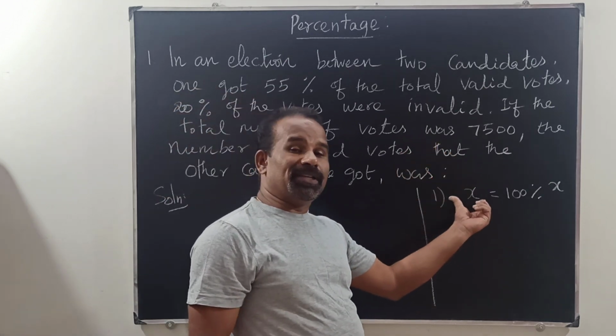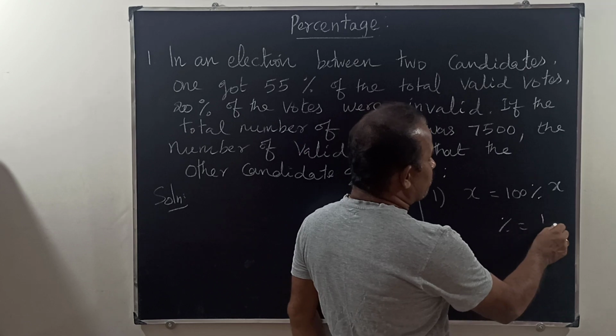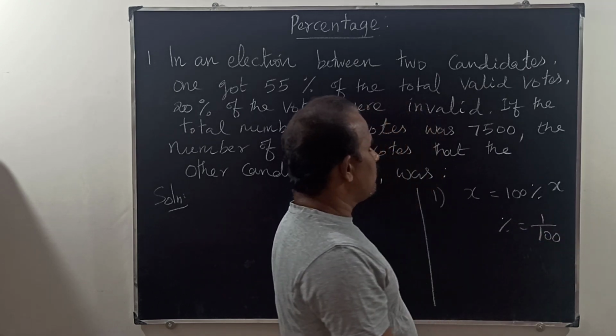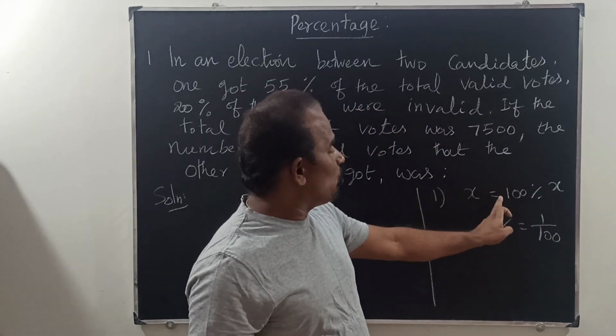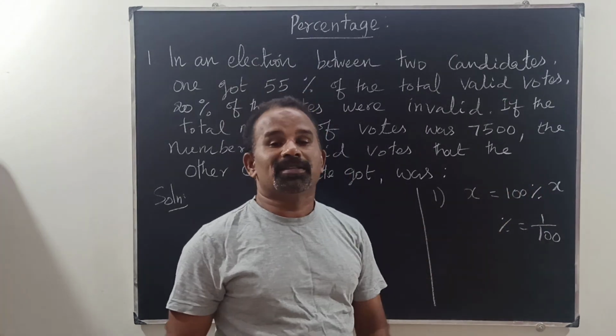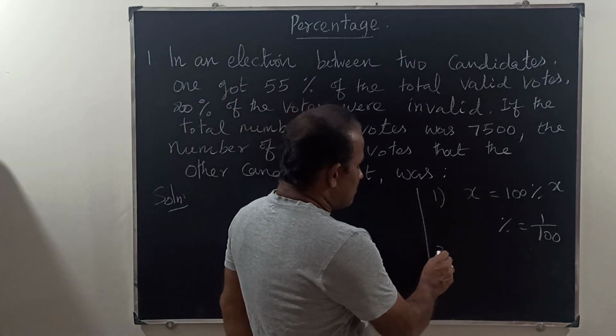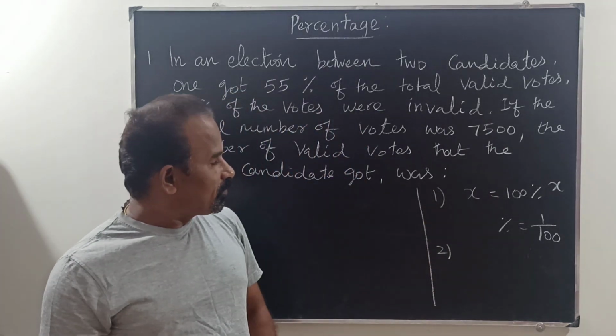Anything is 100%. That is most important. Percentage means 1 by 100. 100% is nothing but 1. So any number is 100%. This is the first concept.